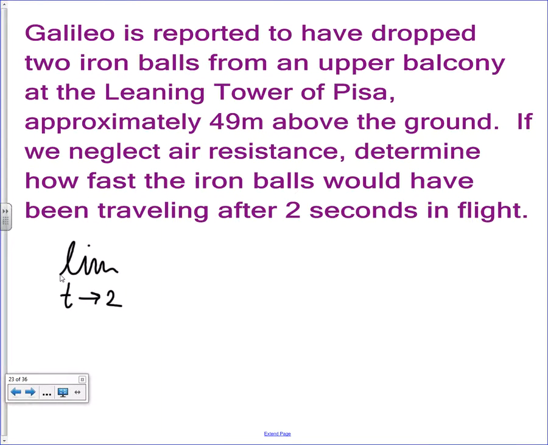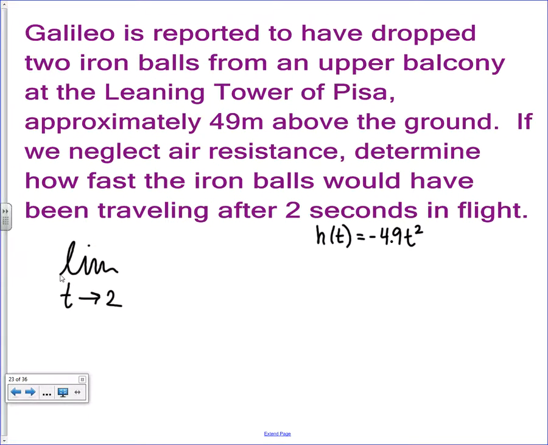Now, in order for me to fill in this formula, I got to write a function. Am I talking meters or feet here? Meters. So this is going to be h of t is equal to negative 4.9 t squared. Do these objects have an initial velocity? Were they dropped or thrown? Dropped. So they do not have initial velocity.